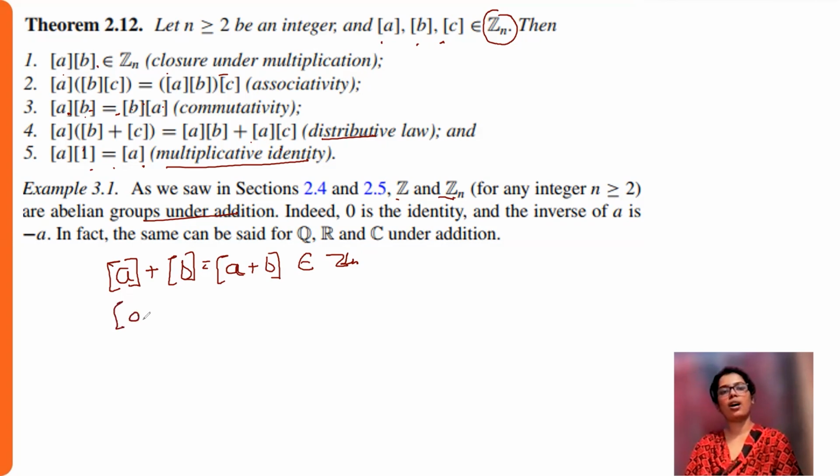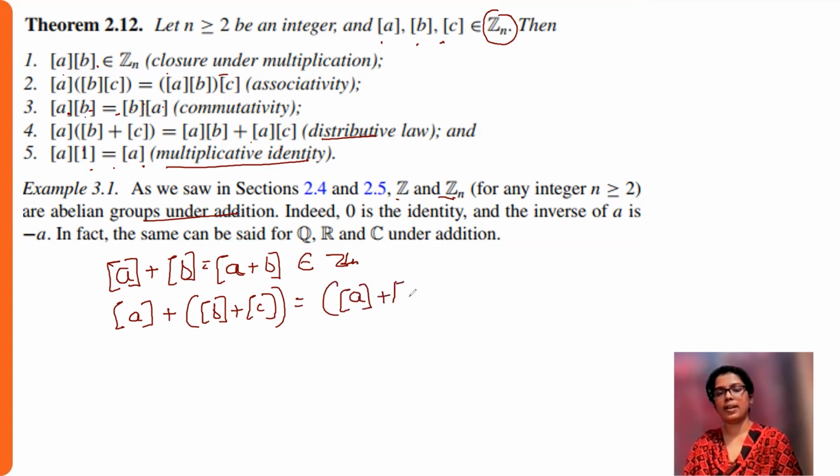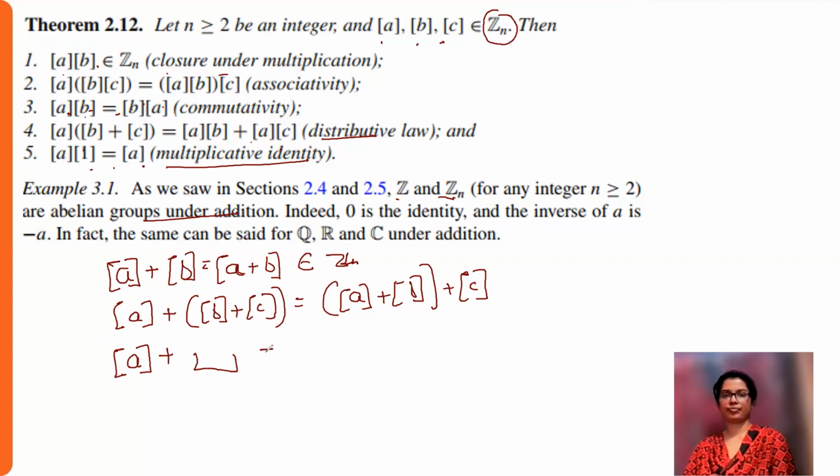Now, if we talk about associativity, class A plus class B plus class C is equal to class A plus class B plus class C, so the associativity property is also satisfied. The third property we have is the identity property. So we must have class A plus some other class, which gives us class A.